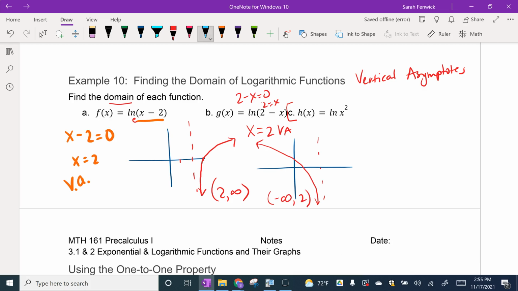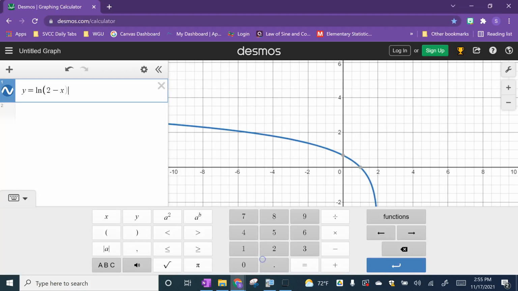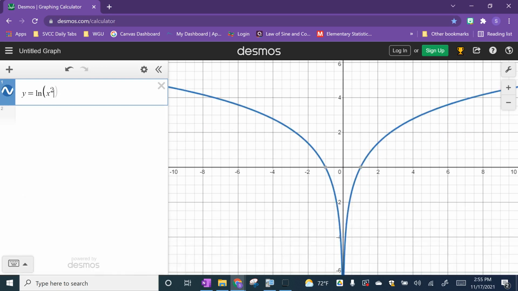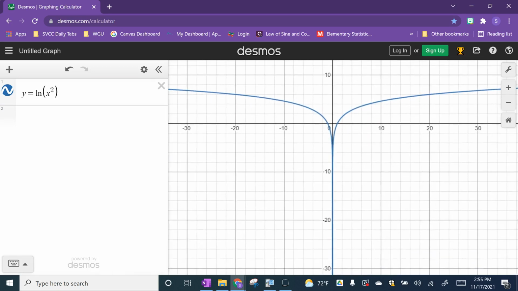For the last one, x squared is my argument. x squared equals 0, x equals 0 when you take the square root. So I know that we have our normal vertical asymptote on the y-axis, but what do we graph this as? Let's look. y equals ln of x squared. What in the world, you guys?